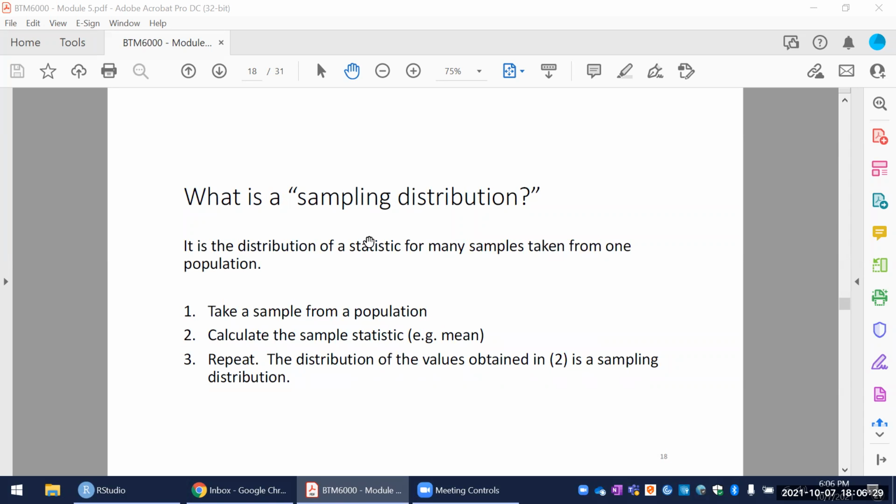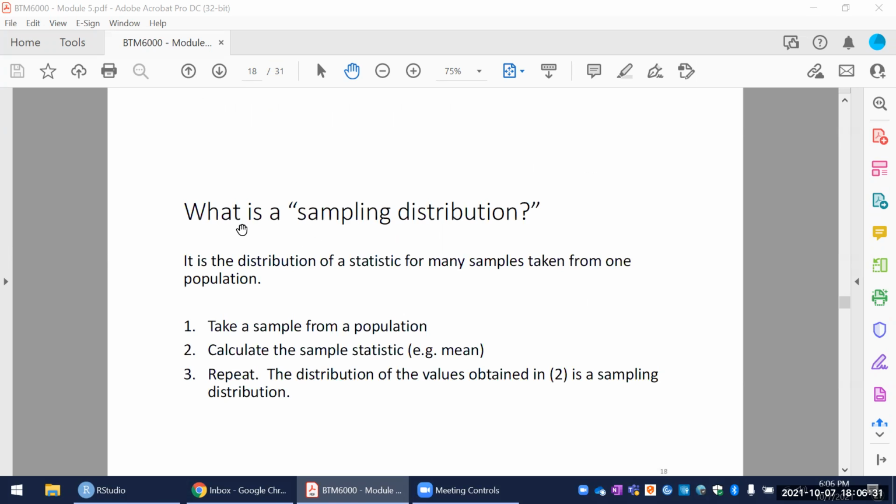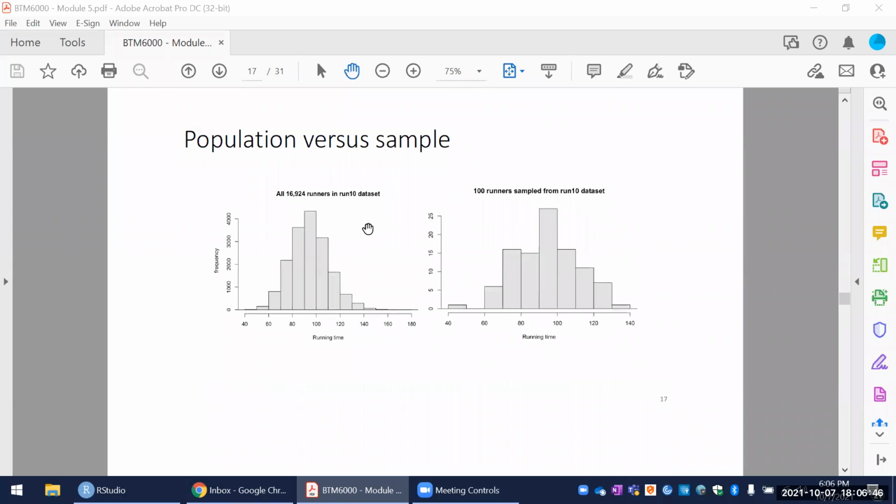Now we are one step closer to defining a so-called sampling distribution. The sampling distribution is a distribution of a statistic for many samples taken from one population. What does that mean? You create one sample from the overall population. This sample of 100 runners has a mean that will to some extent represent the mean that we found in the population.